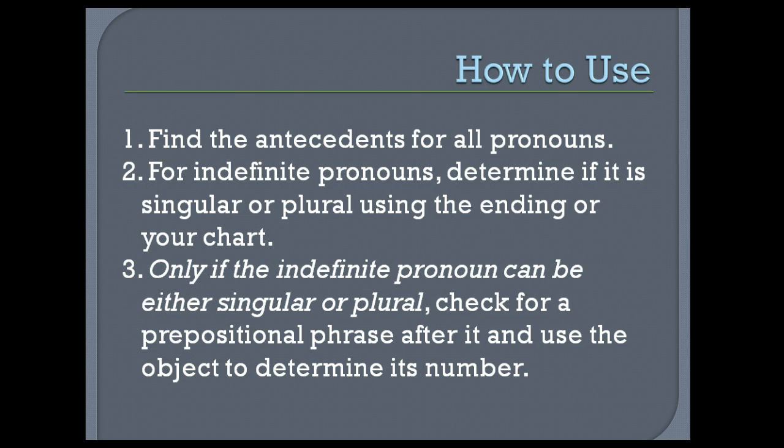In which case, if the prepositional phrase ends in an object which is plural, then we'll treat that indefinite pronoun as plural. If the object of the preposition is singular, we'll treat that either column, all, any, most, none, or some, as though it's also singular. But only in those 5 cases are we worried about checking the object of the preposition. Otherwise, we literally need to go back to our chart and identify whether it's singular or plural. That's all we do.